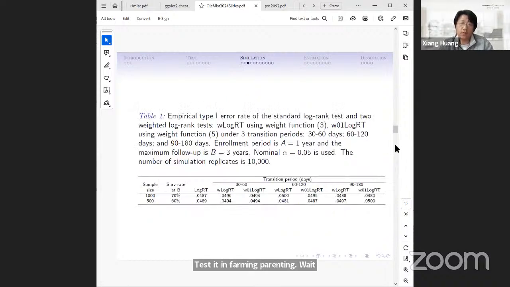First, we suppose the control arm and the experimental arm are the same, so we evaluate the type 1 error rate for our test and the standard log-rank test.